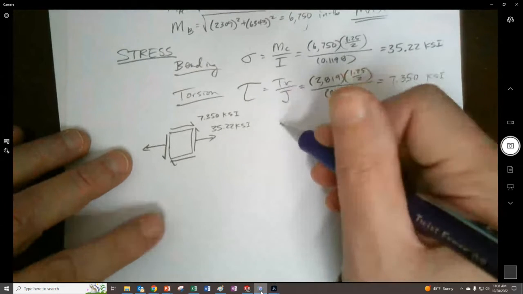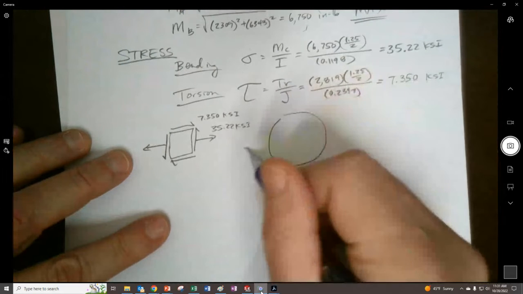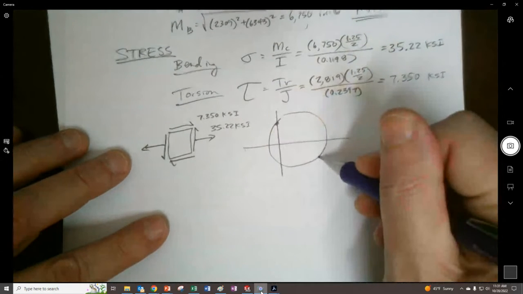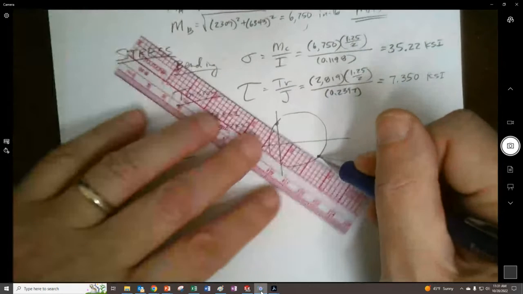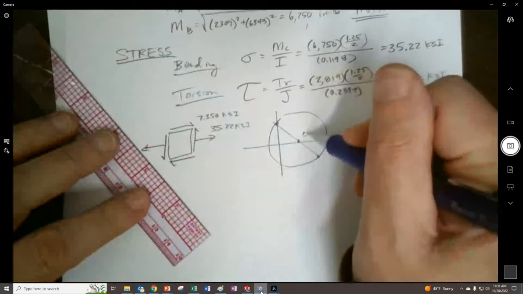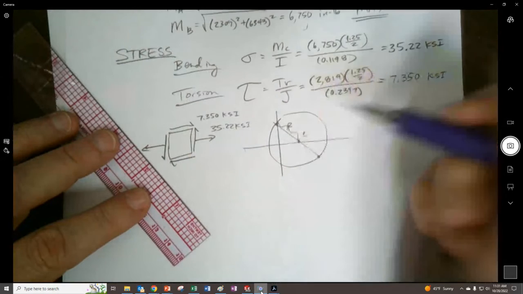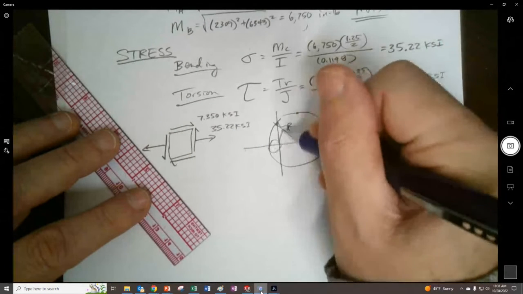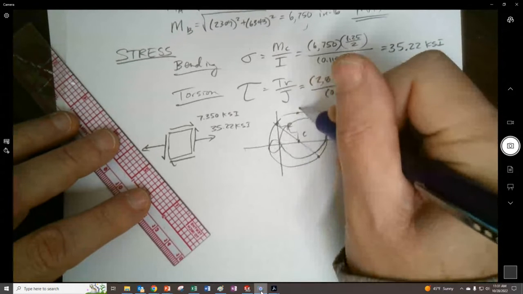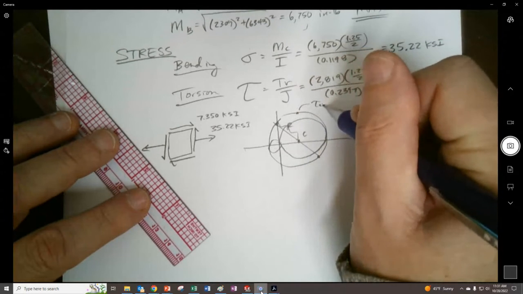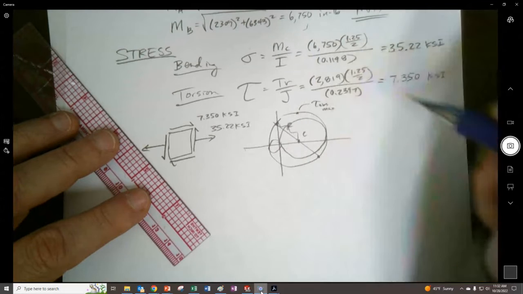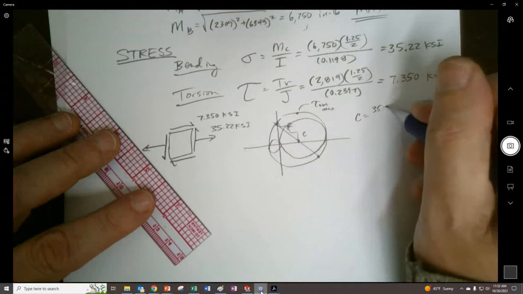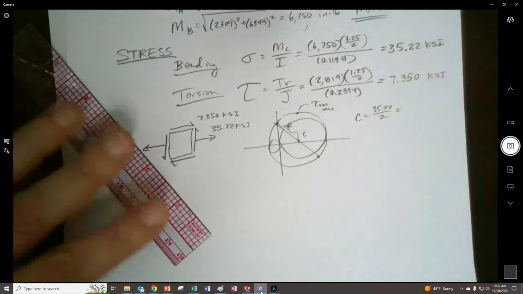We could just use an equation, but I think it's easier to draw a diagram here than to look up the equation, to tell you the truth. You're going to have the tau abs max right up in there, and this is the one that we want for our maximum shear stress theory. We can find the center C by taking the 35.22 and dividing it by 2.